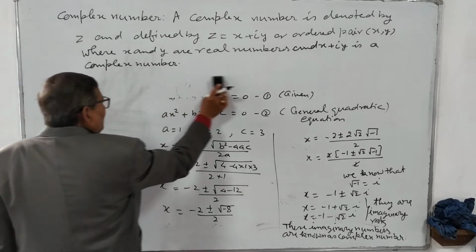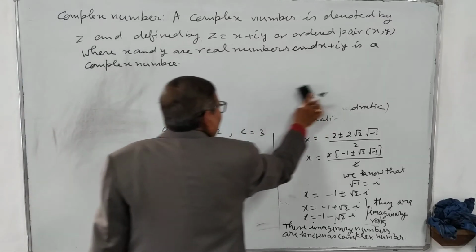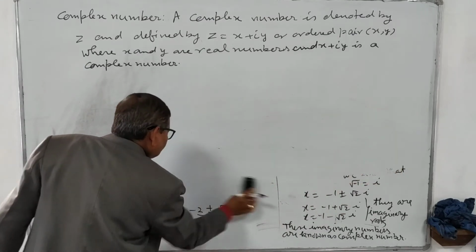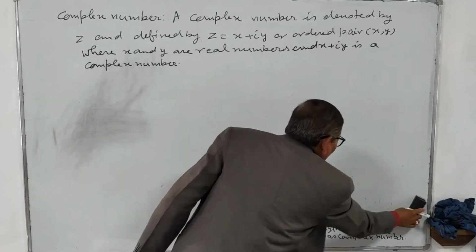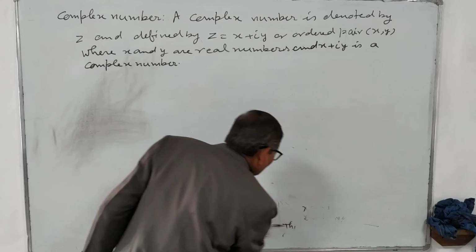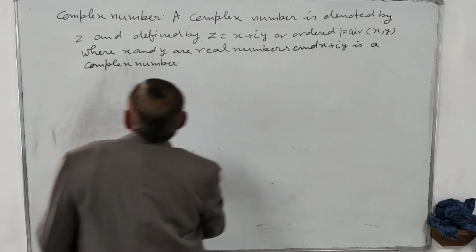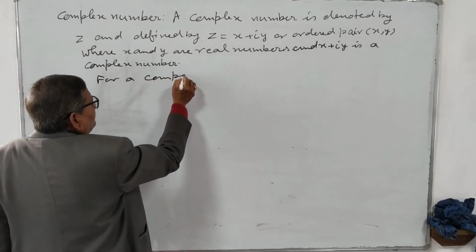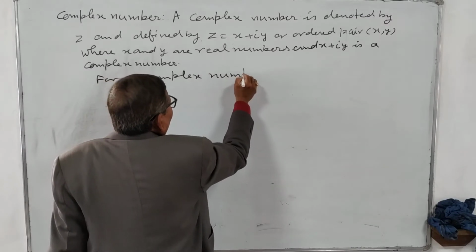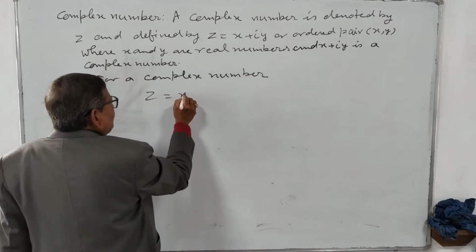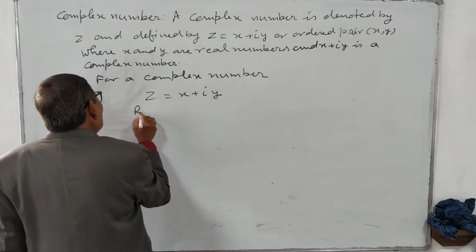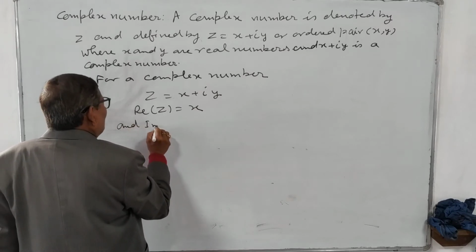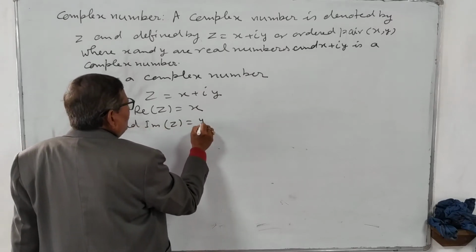We know that for a complex number z equal to x plus iy, the real part of z equals x and the imaginary part of z is equal to y.